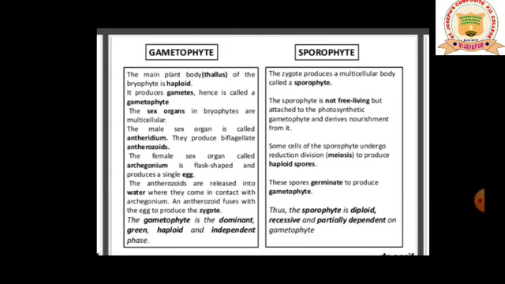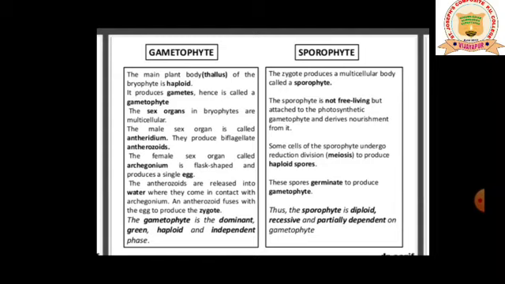So the sex organs in bryophyte are multicellular. The sex organs which form in the gametophyte of the bryophyte, the antheridium and the archegonium, are multicellular.